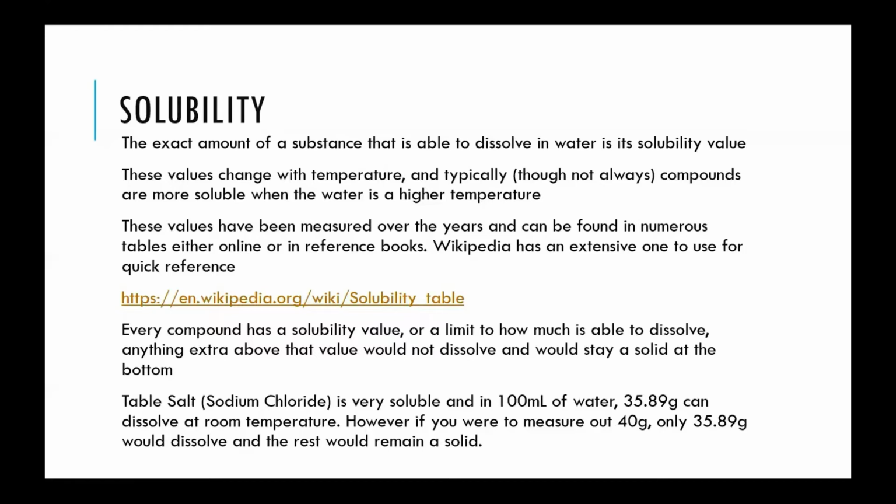A very extensive one is found on the Wikipedia page for solubility table. This has a lot of different compounds in it, and while not the best source to use as a specific reference for a peer-reviewed journal or report, it is a very good starting point to get a quick reference of what the numerical solubility for a compound would be.